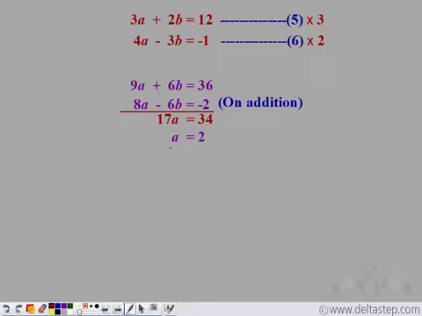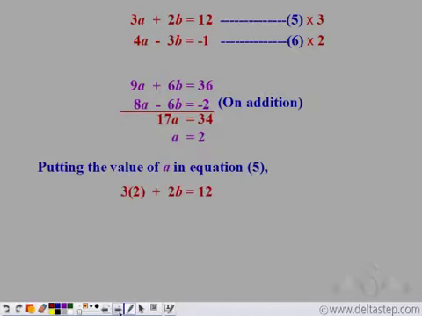Now we can get b by substituting this value of a in any of the equations. So let us put a equal to 2 in equation 5. So we have 3a, that is 3 into a. In place of a, let's write 2. 3 into 2 plus 2b equal to 12.